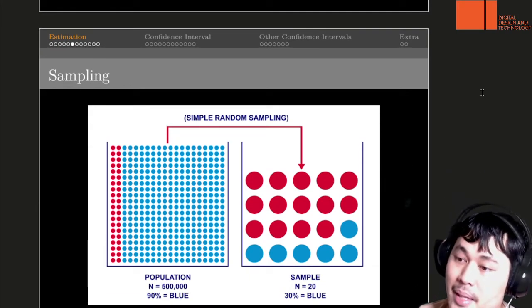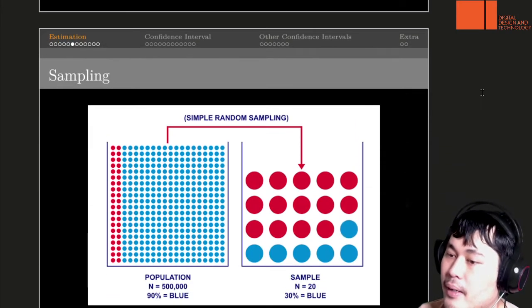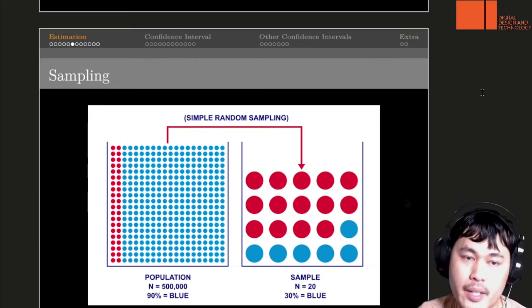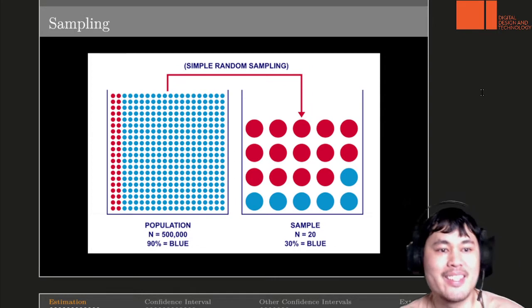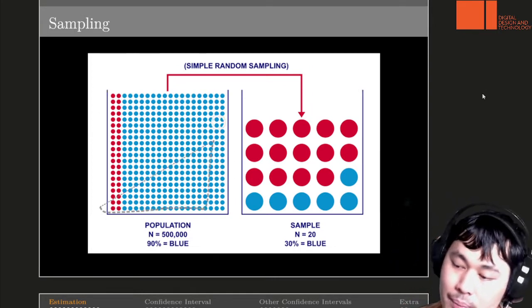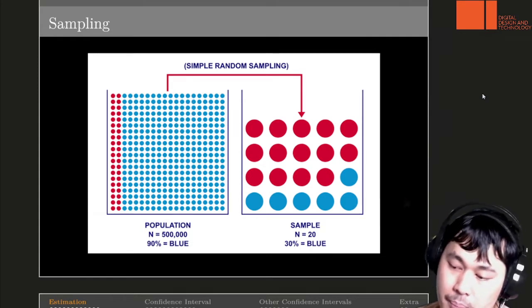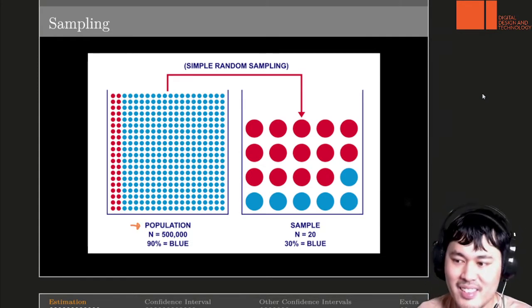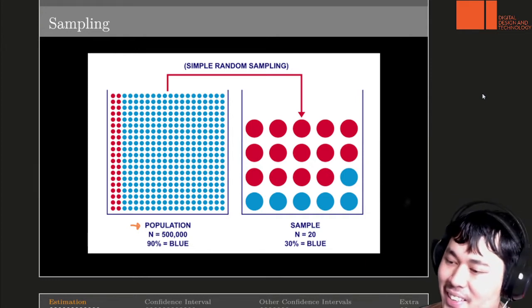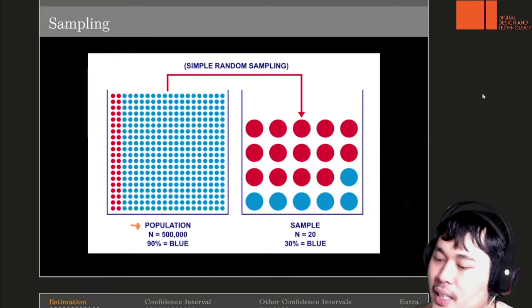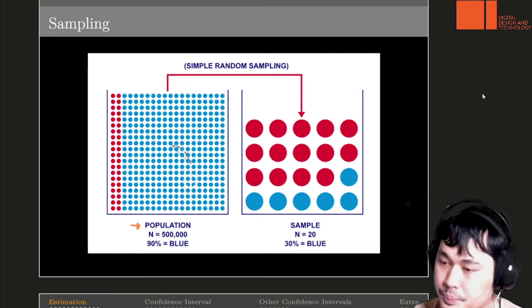But let's get back to sampling first, and also why we need to estimate. This is an example of very biased sampling, where we have this big bulk of people, let's say the population, and there are 500,000. Of course, there are not that many dots, but suppose there are, and 90% of them are blue.